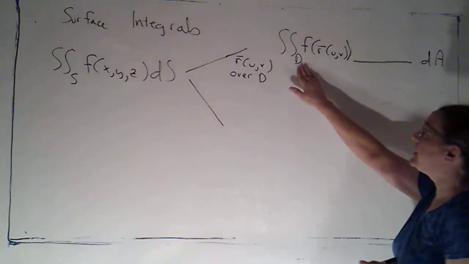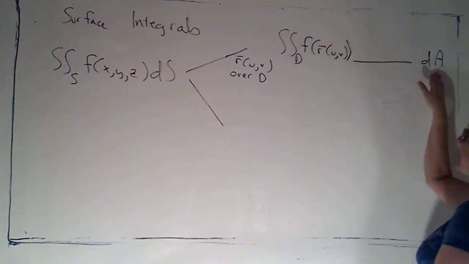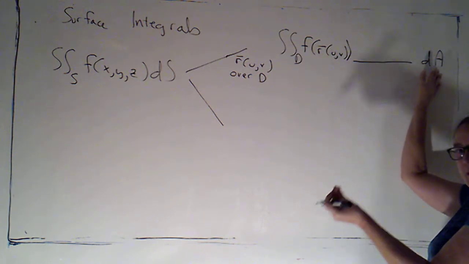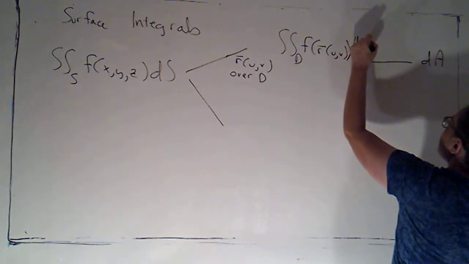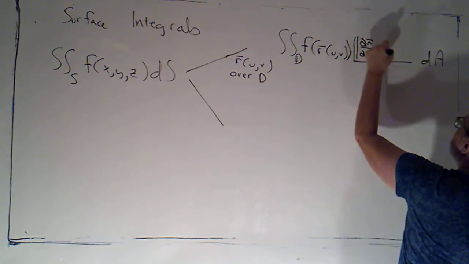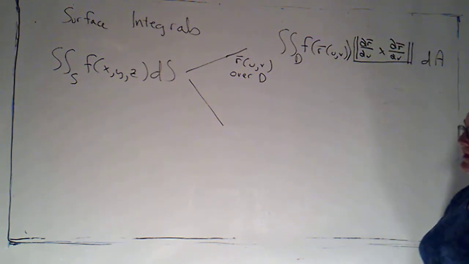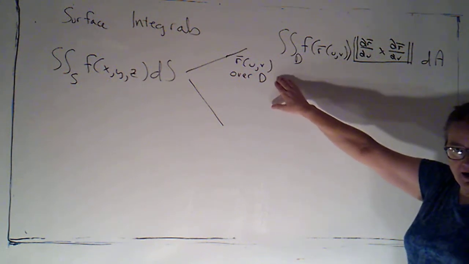When I'm integrating over the domain of my parameterization, I'm integrating with respect to flat area, dA, in the parameter plane. And that scaling factor is just the magnitude of del R del u crossed with del R del v. Now, that's for a generic parameterization.